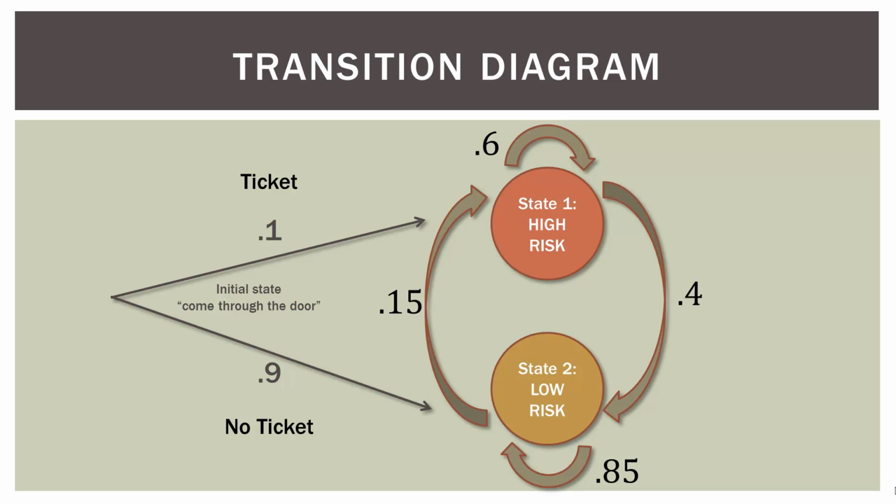They walk through the door, so they go down one of the arrows, they get put in high risk or low risk, and over the course of their driving career in our company, they transition through this process. So they could go from high risk to high risk to low risk to high risk to low risk, each step when their policy renews. This is a transition diagram.